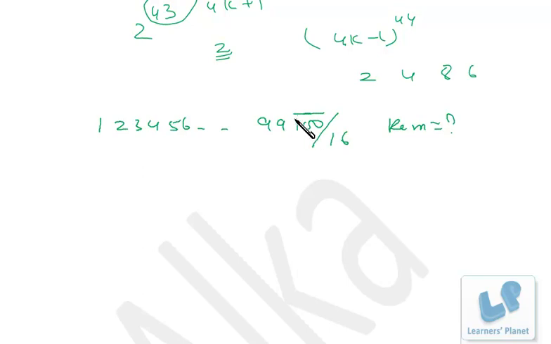For 16, divide the last 4 digits and get the remainder. So precisely, divide 9100 by 16 to get the remainder. 16 5s are 80, 110, 16 6s are 96, 140. Then 16 8s are 128, so 12 is the remainder. So if this big number is divided by 16, the remainder will be 12.